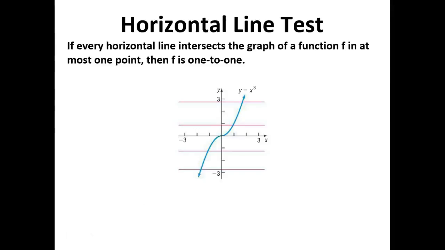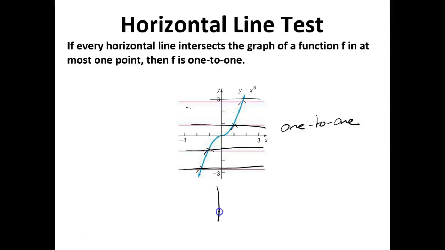What we can do to test graphs of functions to see if they are one-to-one is a horizontal line test. If every horizontal line intersects the graph of a function in at most one point, then it's one-to-one. So with this one, no matter what horizontal line we put on here, it's only intersecting the graph at one spot. So it's one-to-one.